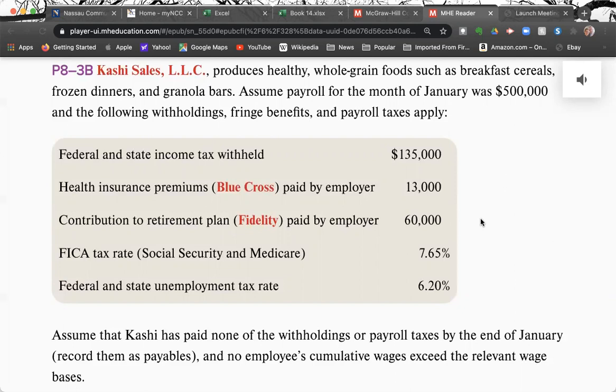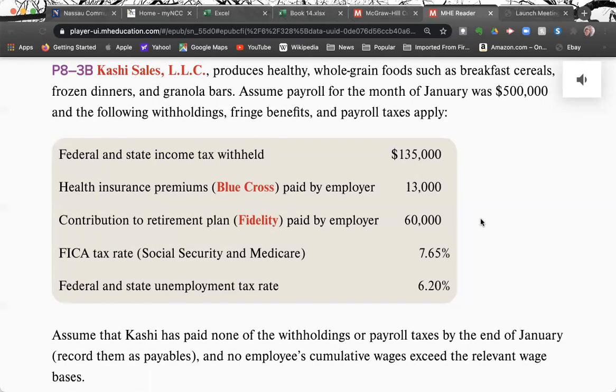Kashi produces healthy whole grain foods such as breakfast cereals, frozen dinners, and granola bars. Assume payroll for the month of January was $500,000, and the following withholdings, fringe benefits, and payroll taxes apply.